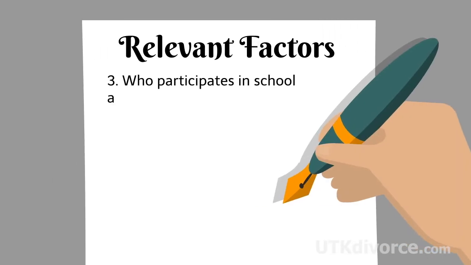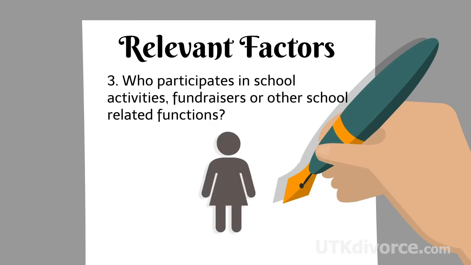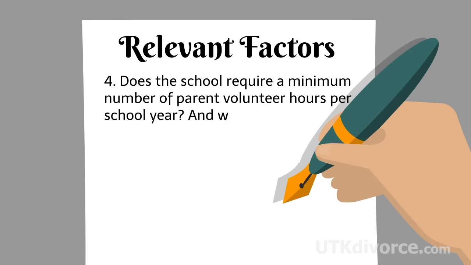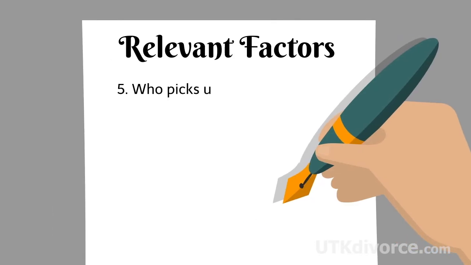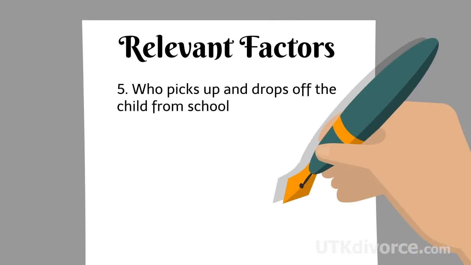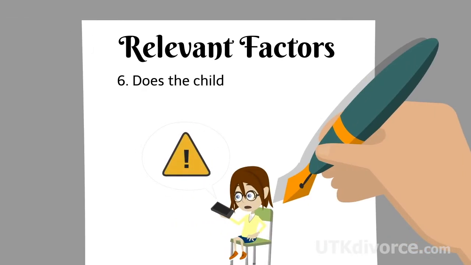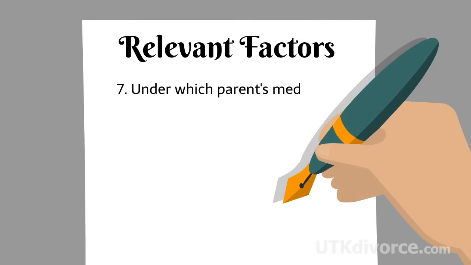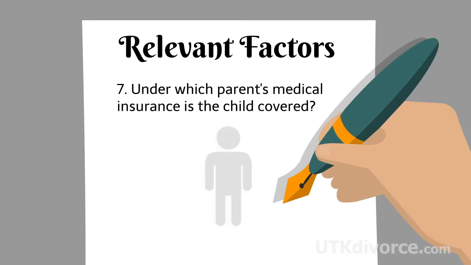Who participates in school activities, fundraisers, or other school-related functions? 4. Does the school require a minimum number of parent volunteer hours per school year, and which parent performs this requirement? 5. Who picks up and drops off the child from school? 6. Does the child have a cell phone that the child can use to notify a parent of an emergency? And 7. Under which parent's medical insurance is the child covered?